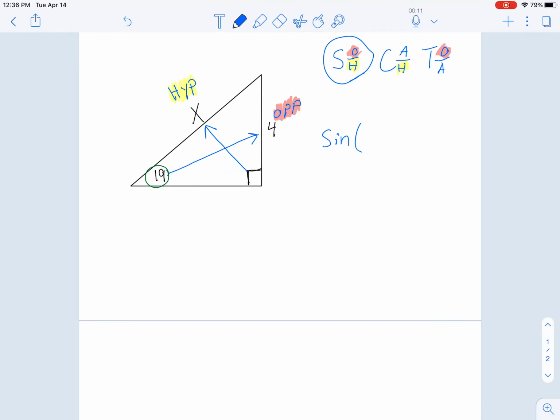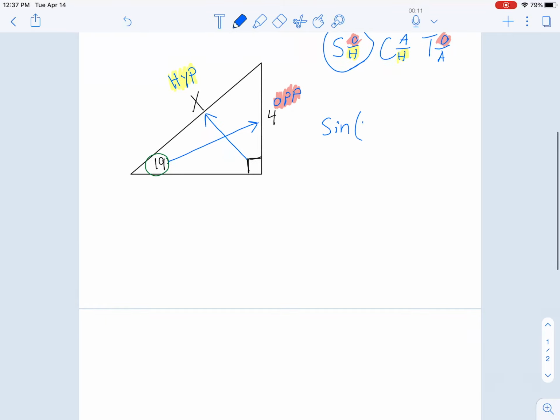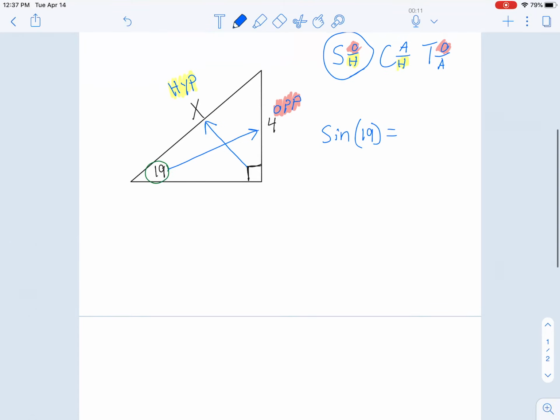As I talked about yesterday, the thing that always goes inside the parentheses is our angle. Our angle in this case is 19, and that's going to equal our ratio, opposite over hypotenuse. I labeled my opposite 4 and my hypotenuse x.